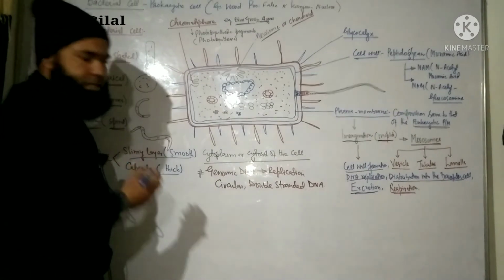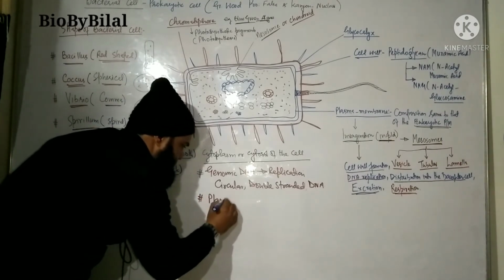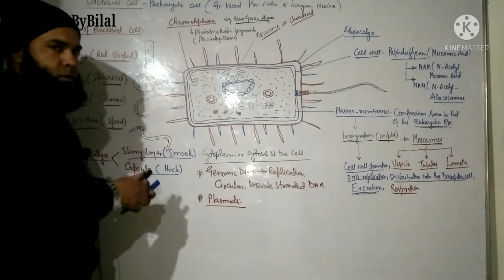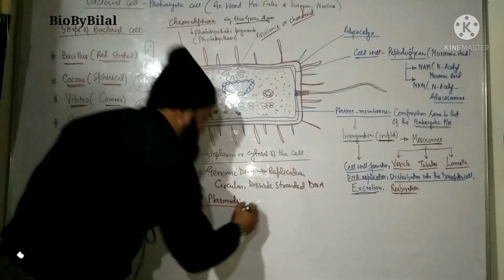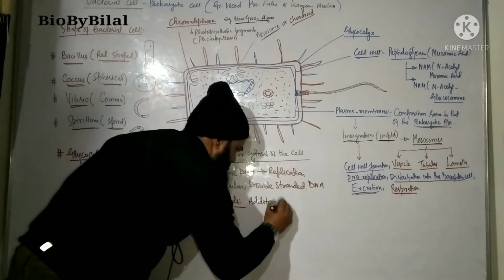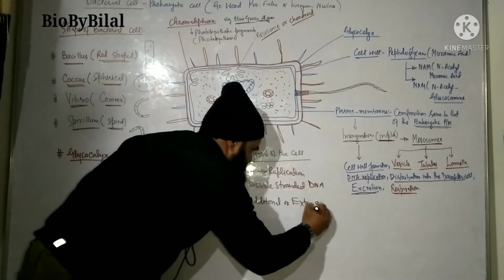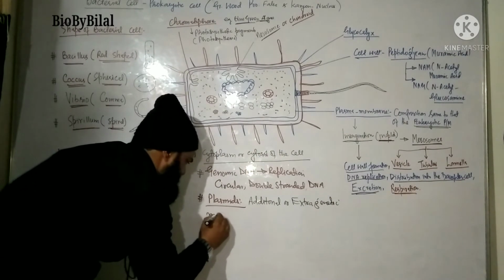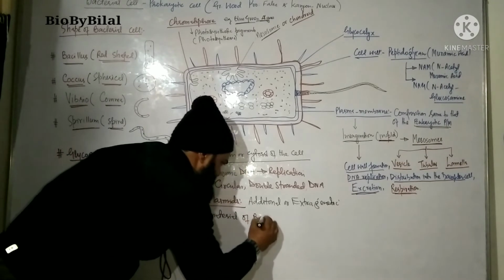Then coming to the next point, that is the presence of plasmids. Plasmids, very, very important point so far as the bacteria are concerned. Plasmids are the additional or extra genetic material of bacterial cells.